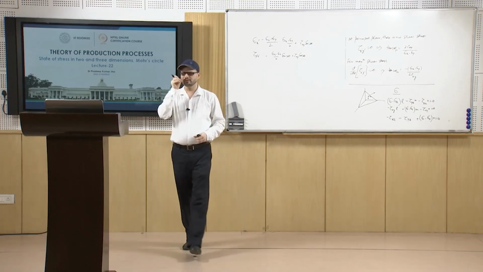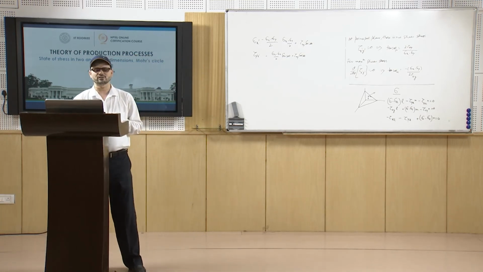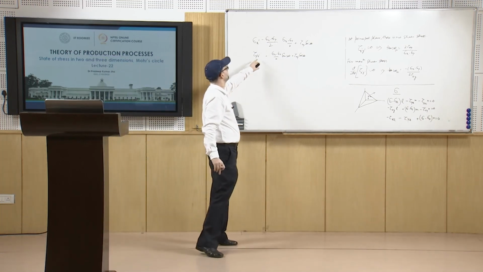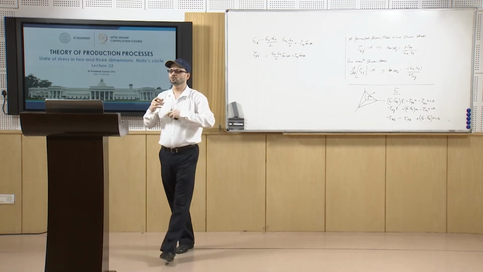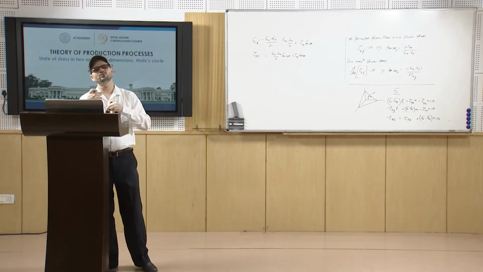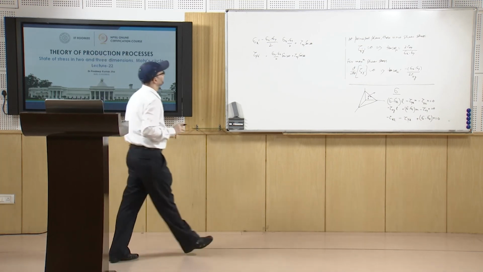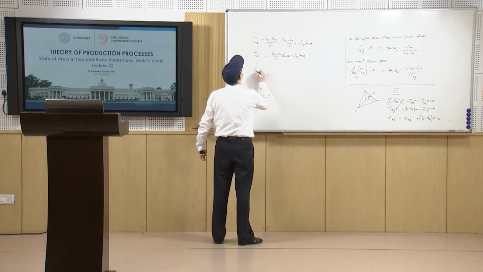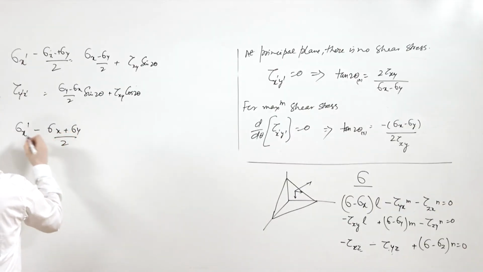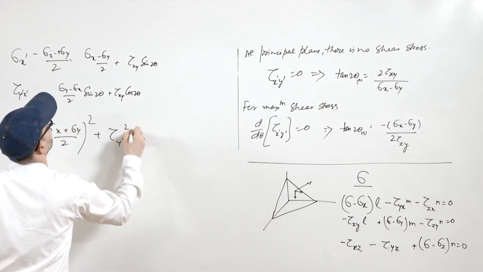Now, you try to solve these equations for sigma x prime and tau y prime x prime. For that you square the left hand side and also the right hand side, then sum and equate. On one side, you get sigma x prime minus sigma x plus sigma y by 2, whole square, plus tau y prime x prime square.